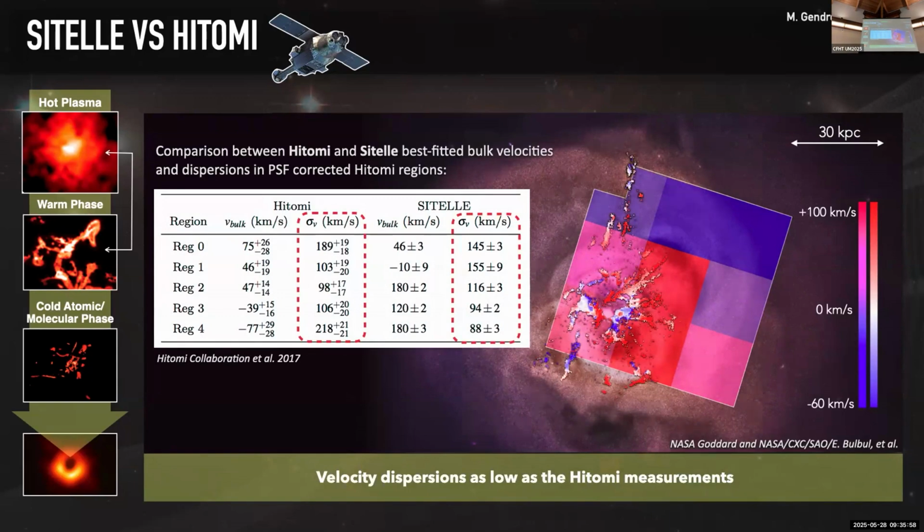But what is interesting here is to compare the velocity dispersion, which are very similar. So Hitomi found that despite all this AGN feedback activity, the intracluster medium is moving with very mild motions, like what we find inside the filaments.